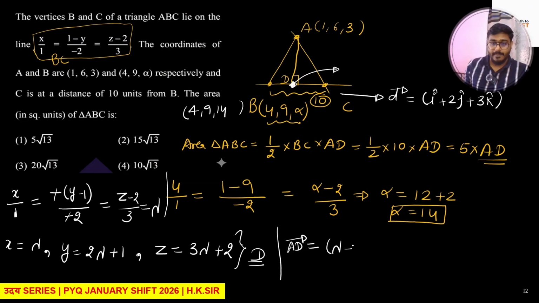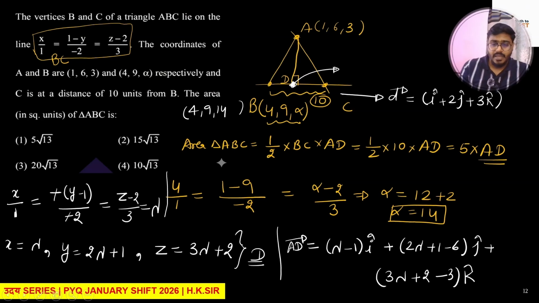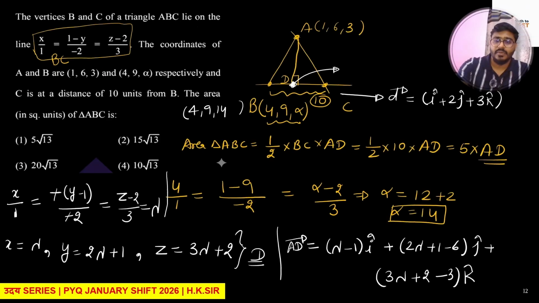So AD vector equals lambda minus 1 i cap, plus 2 lambda plus 1 minus 6, that is 2 lambda minus 5 j cap, plus 3 lambda plus 2 minus 3, that is 3 lambda minus 1 k cap.